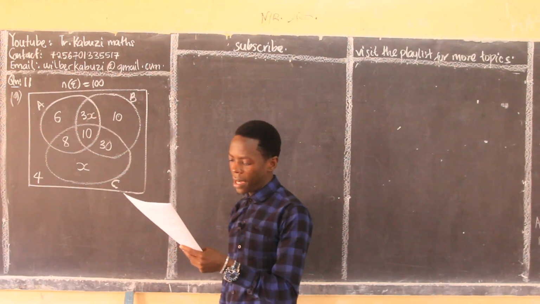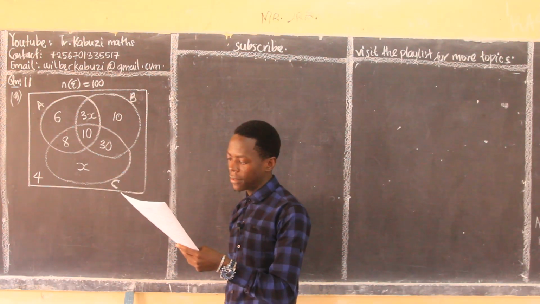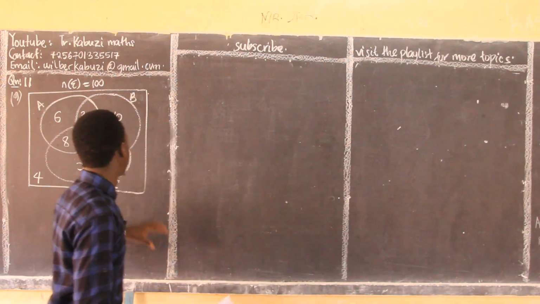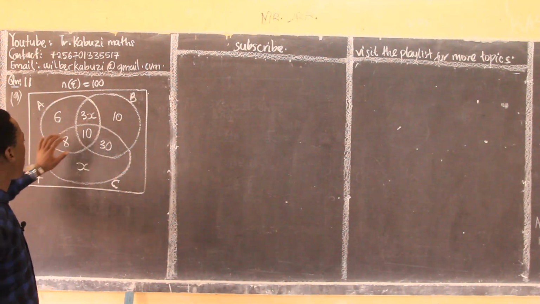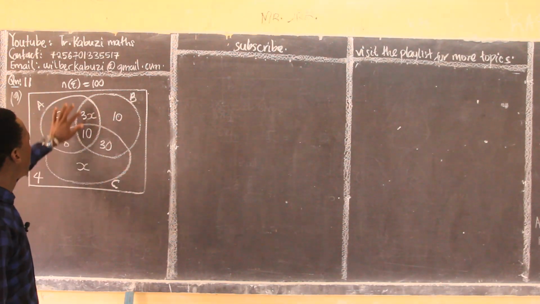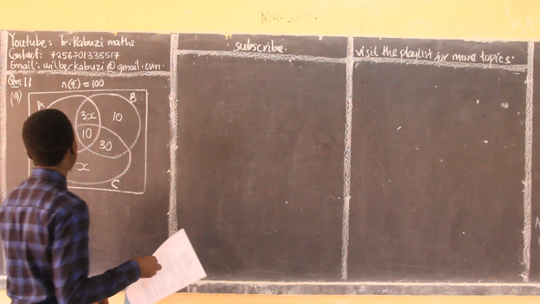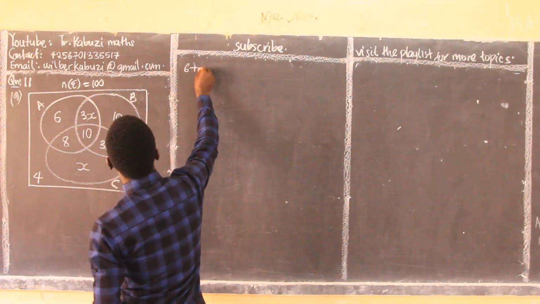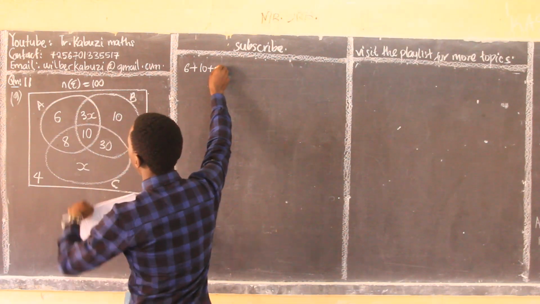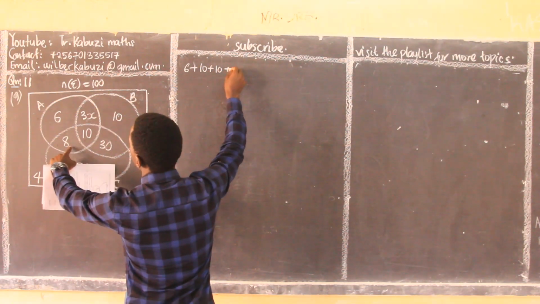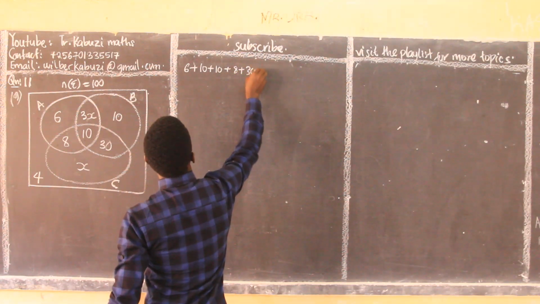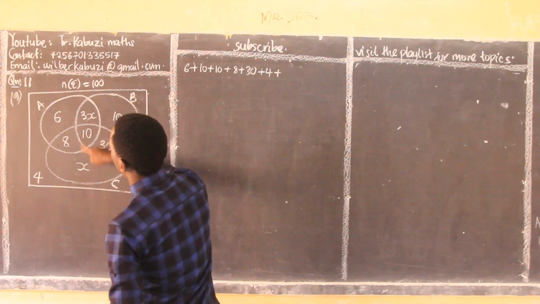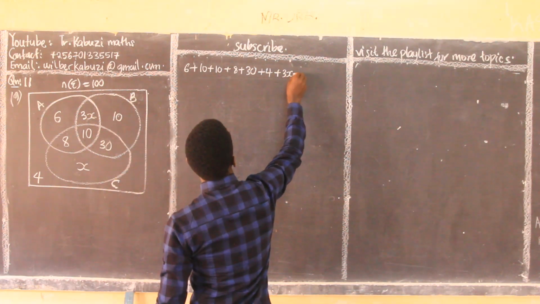Then they are telling us to find how many students attempted the questions from section C only. So what do we do? We sum the whole of this. When we sum these elements, we get 100. So I'm going to start with figures only: 6 plus 10 plus 8 plus 30 plus 10 plus 4, then plus 3x plus x.